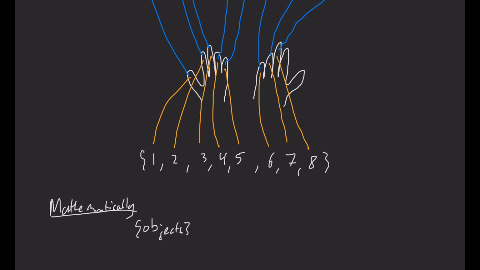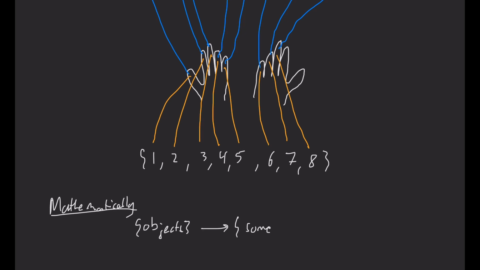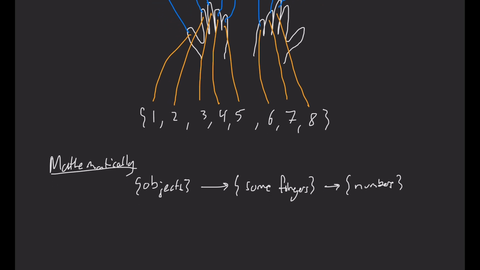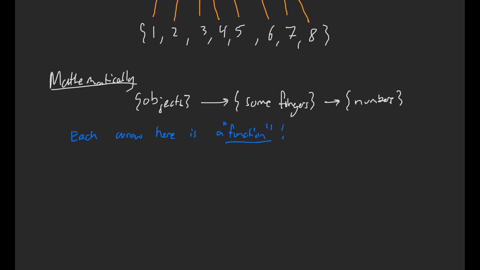We can write this as our set of objects is associated to some fingers, which is associated to some numbers. And each of these arrows, so we have collections of objects in the form of sets, and each arrow here is a function. Mathematically, we'll represent it as a function.